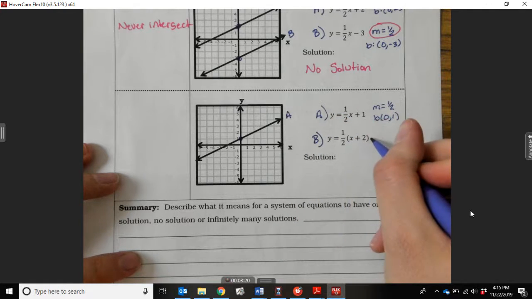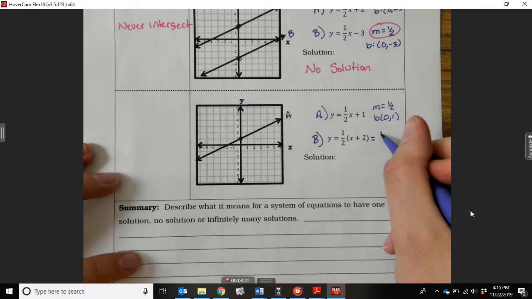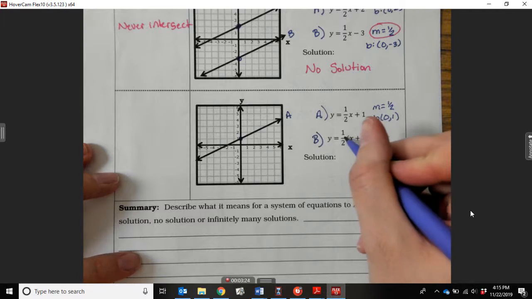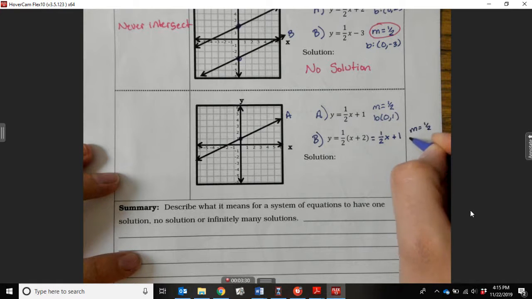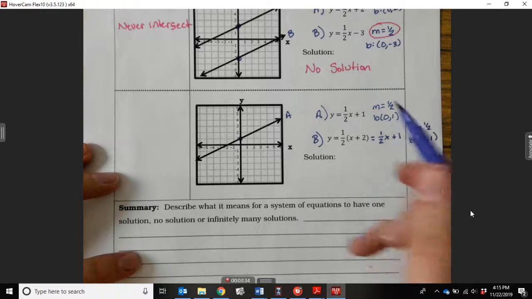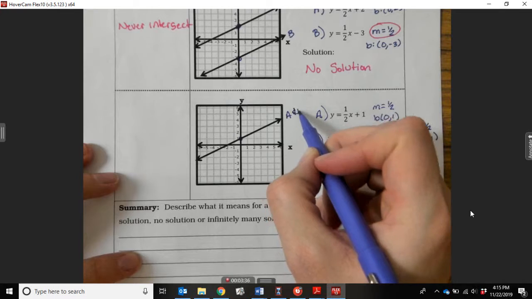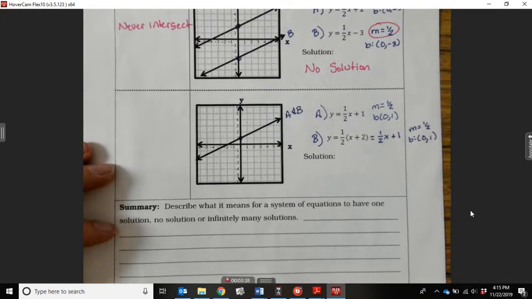And so what happens is if I were to distribute that, I would get 1/2 x, and then 1/2 of 2 is a positive 1. So again, my slope is 1/2, but this time my y-intercept is also (0, 1), so it's exactly the same. So this is graph A and graph B. They overlap.